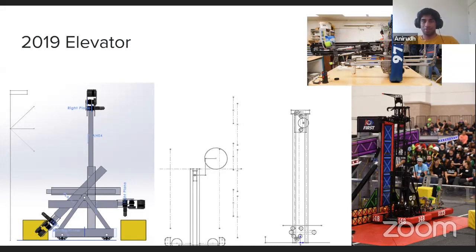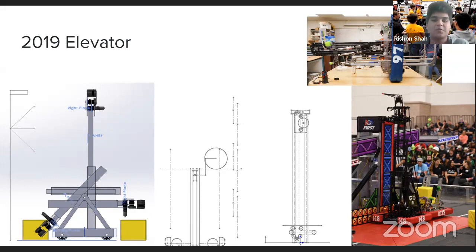I would say it's probably the 2020 shooter. I obviously can't reveal what we did, but iterating on a shooter is kind of fun because you get to make something that shoots stuff really fast. Sean? Yeah, I'm gonna agree with you on that one because we did work on the same prototype that year. So yeah, iterating on the shooter was pretty fun.